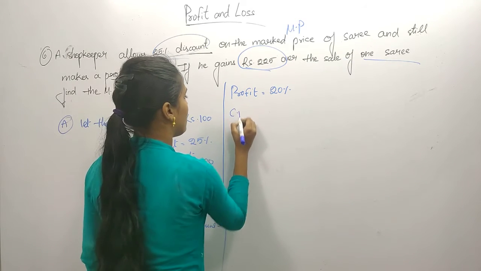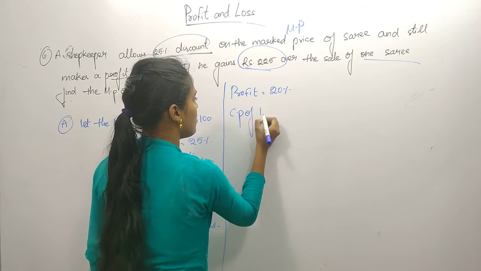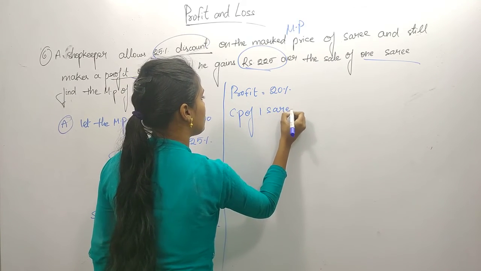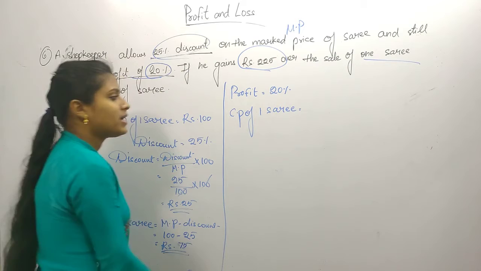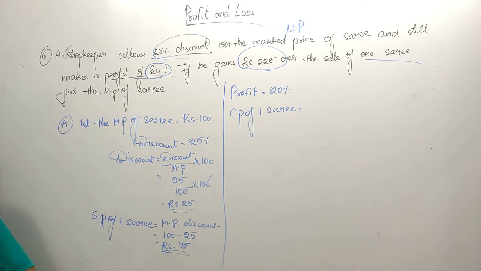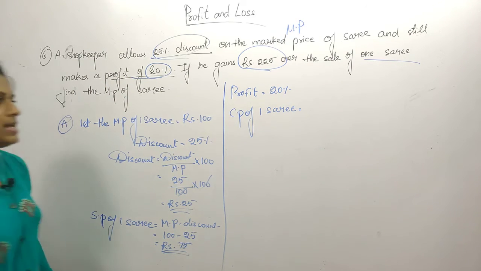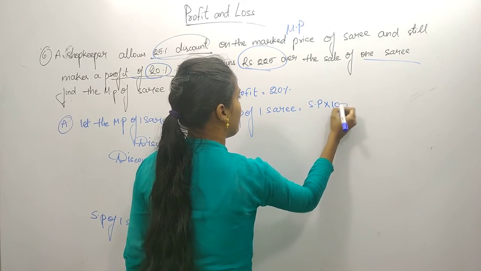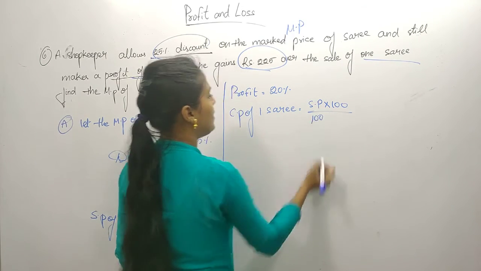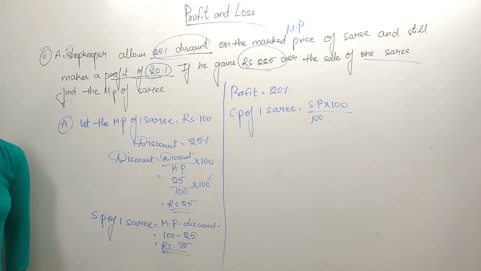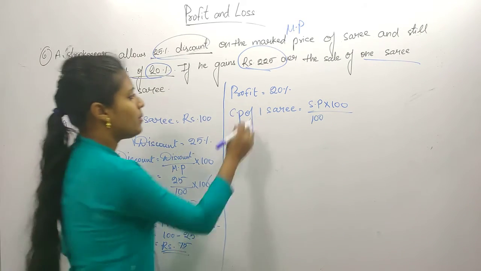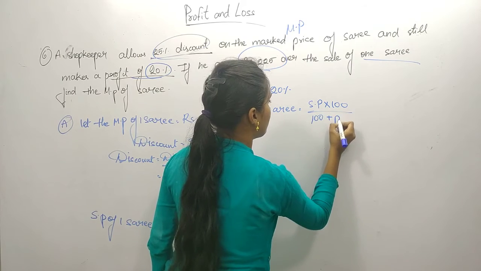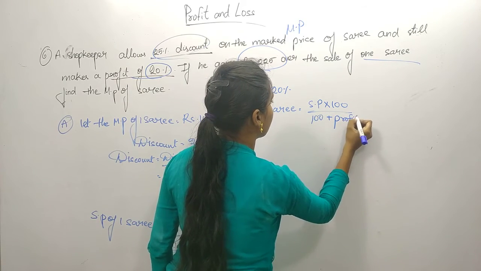Cost price of one saree is equal to how much? What is the formula? Cost price formula is selling price into 100 by 100 plus profit. Profit is given here, so you have to do 100 plus profit percent.